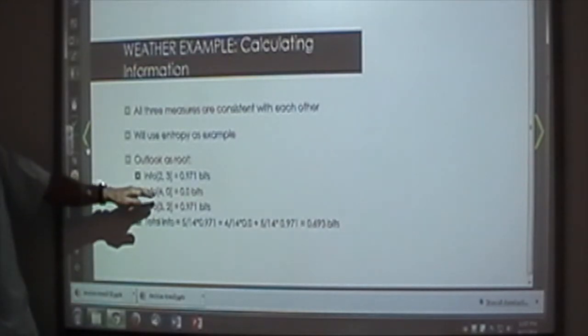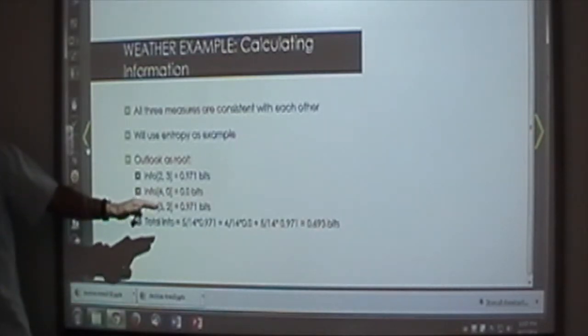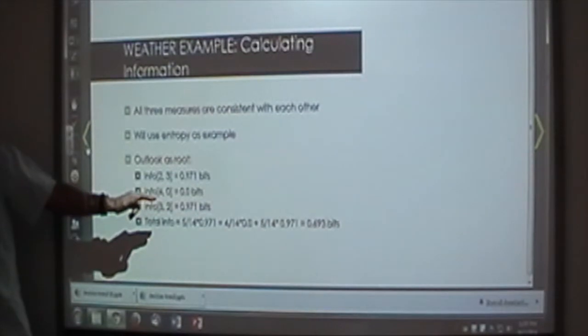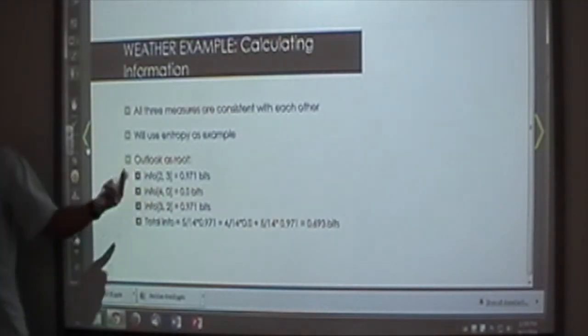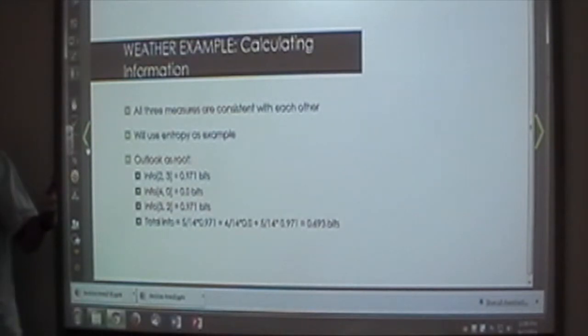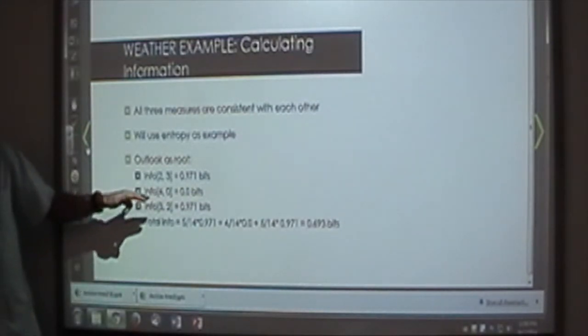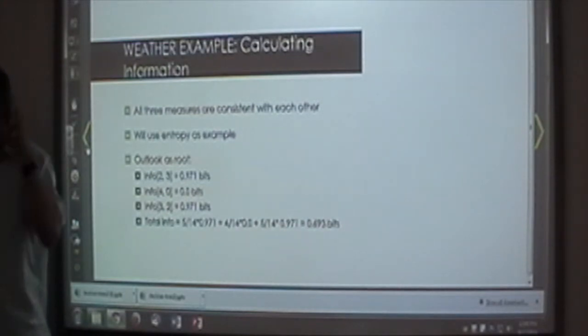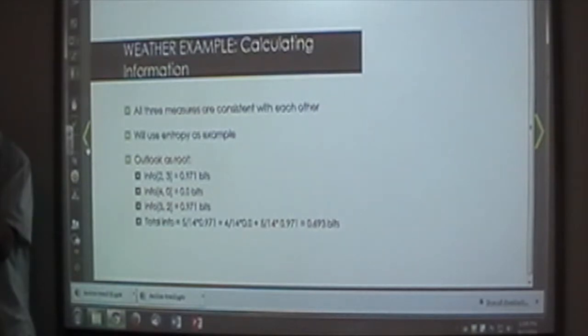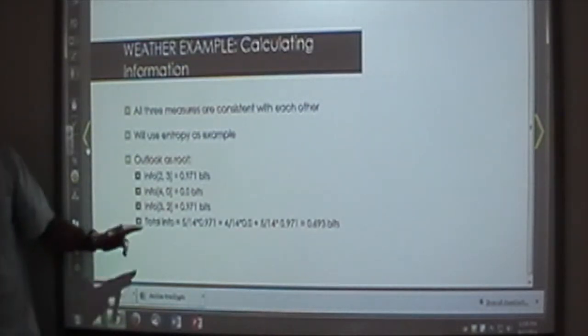And then for the second branch, overcast, there it was 4 yeses and 0 nos. So that's already decided, basically. It's a yes. So there is no more branching that you can do there. It's completely determined.